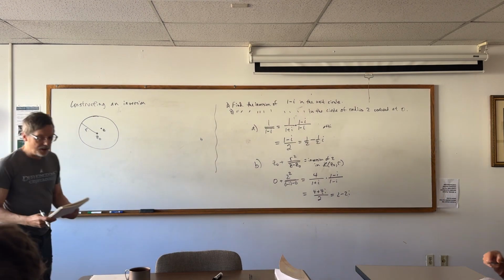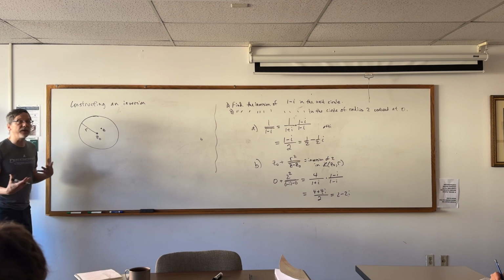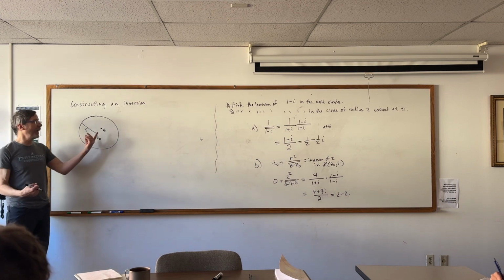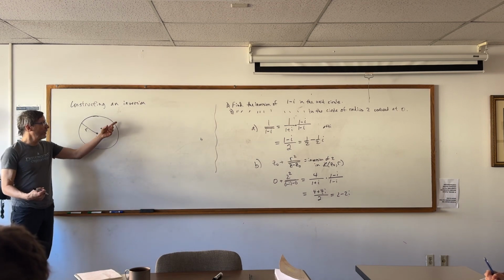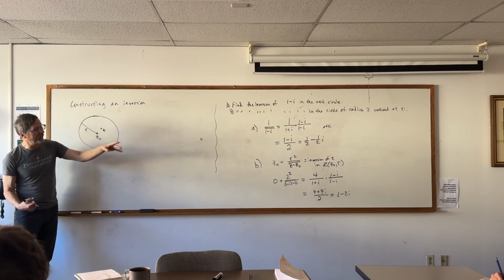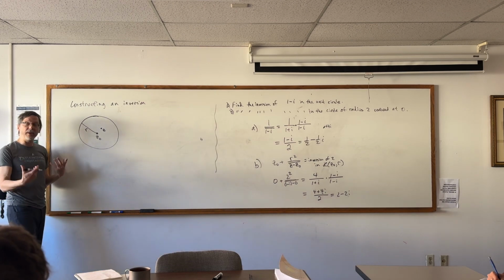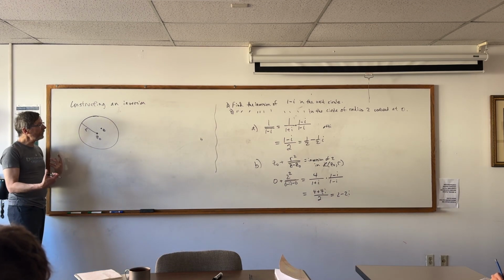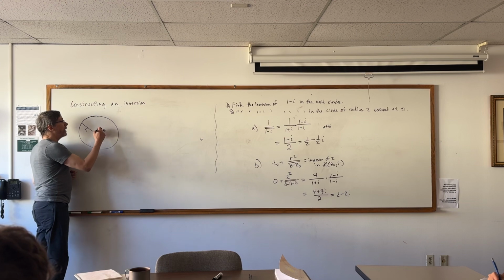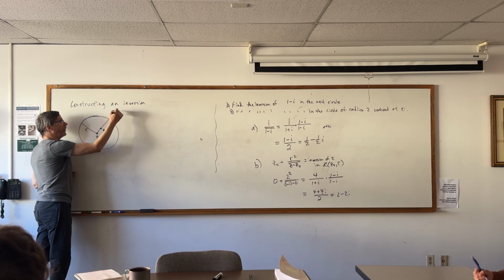Let's talk about how we actually do this inversion. How would you build this thing? Because we know you just take r squared over z minus z naught conjugate and then add that to z naught. It's literally that formula right over there. How do we build that formula? The z star that we want to find is on this line.